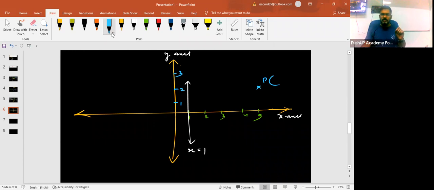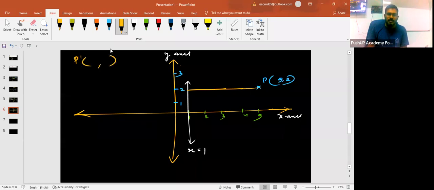The coordinates of P should be what? 5, comma 2, right? X coordinate is 5 and the Y coordinate is 2. I want you to reflect this point P through this line, which is X is equal to 1. Can you tell me what would be the coordinates of P dash?